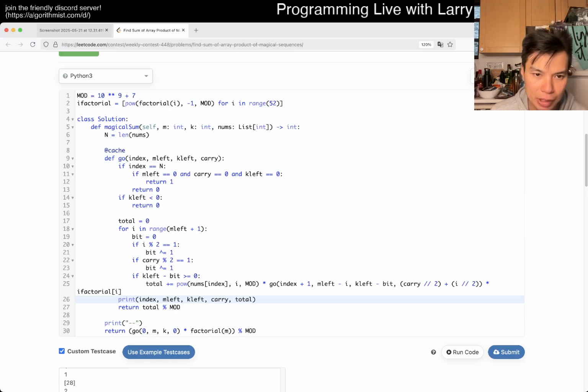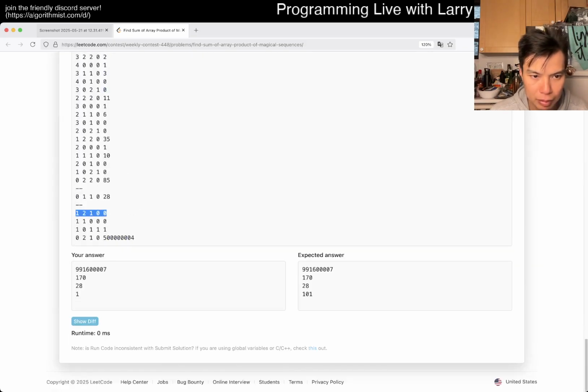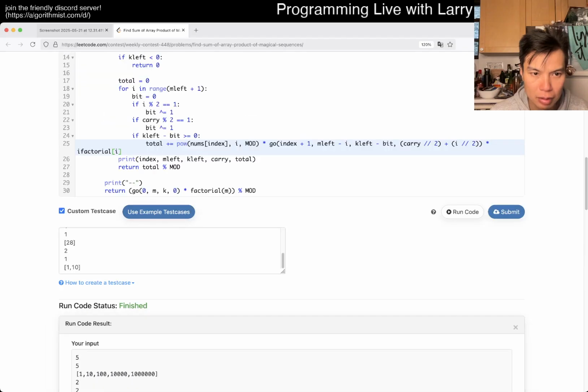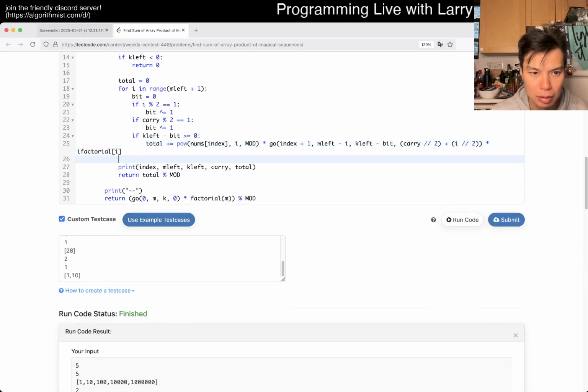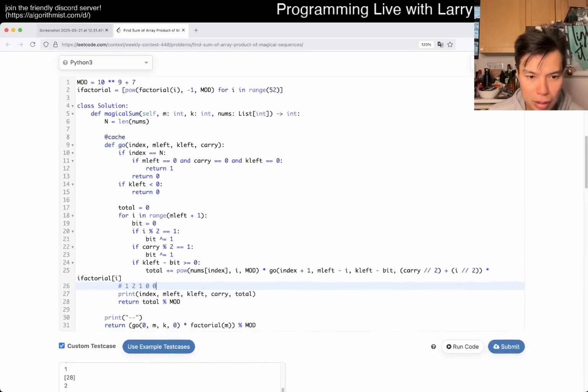There's some optimizations we can make here for running time, but I'm just trying to do correctness, right? So everything is right except for the total. Okay, so that means let me. Alright, okay, right.